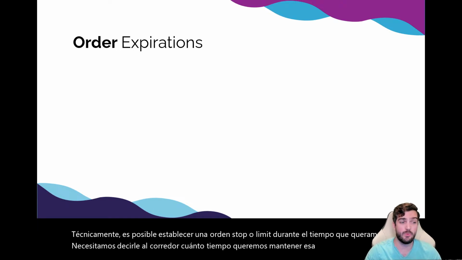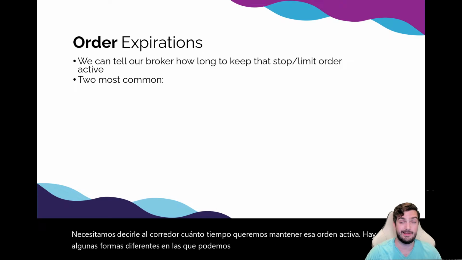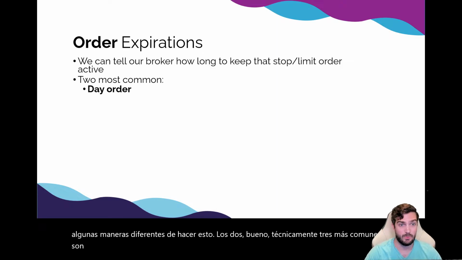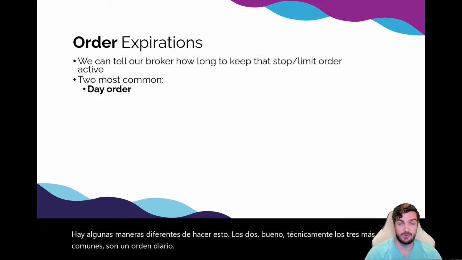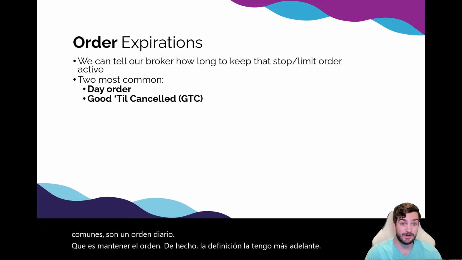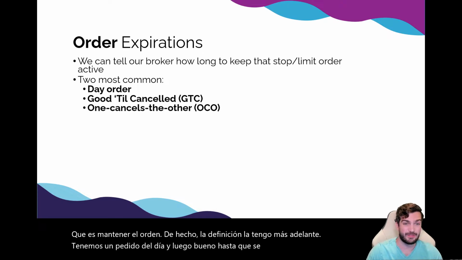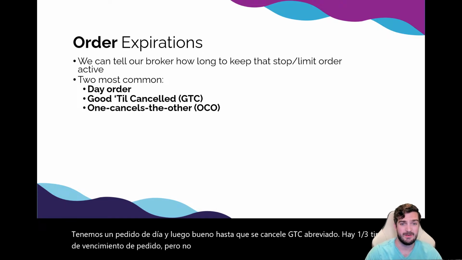There are a few different ways that we can do this. The two, well, technically three most common are a day order and then good till canceled, abbreviated GTC. There is a third type of order expiration, but it's not based on time. It's called one cancels the other, or OCO.